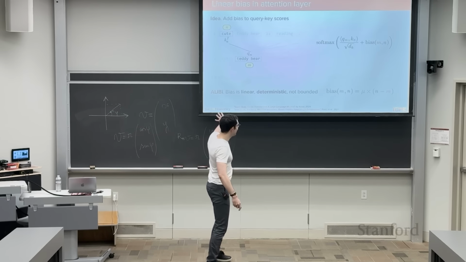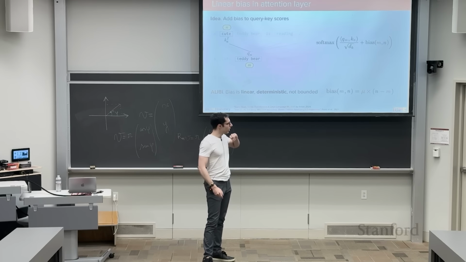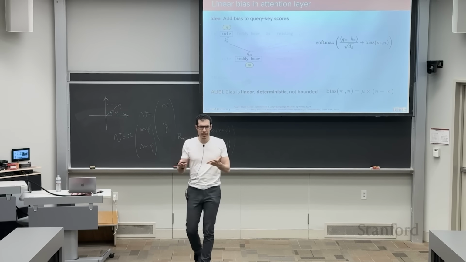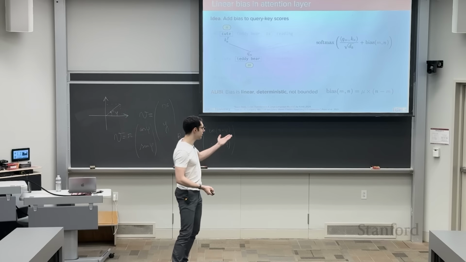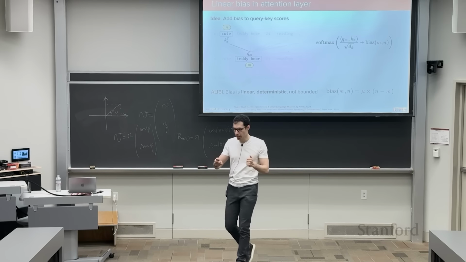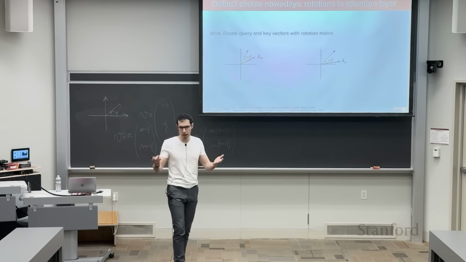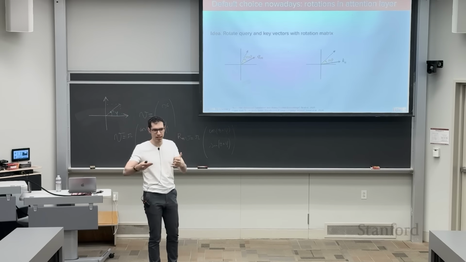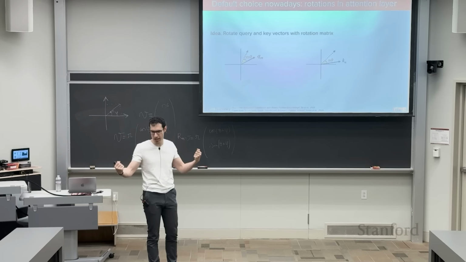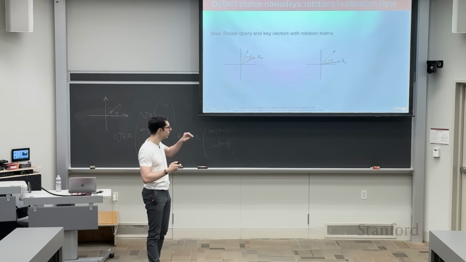And this ALiBi method didn't have that learnable component, but it was quite restrictive because it's a very simple formula after all, right? Just the relative difference between n and m. So people have tried different ways of coming up with an embedding that reflects the fact that you want further positions to be less similar than closer ones.